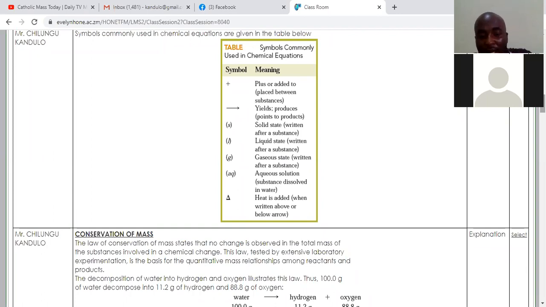As we said, G is gaseous state for gases. AQ is aqueous, meaning the thing that is reacting is dissolved in water. Then the delta means heat addition. So it means you have added the heat.